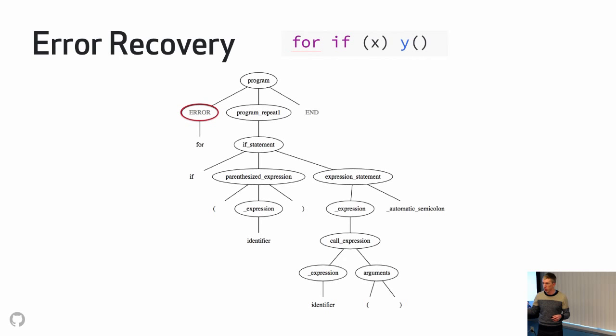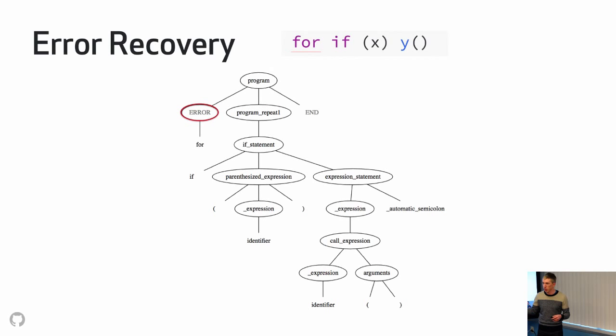Okay. All right. Well, so error recovery is something that you asked about. So most parsers, when they get to a syntax error, halt and give you an error message, and that's it. Their job is done. But Tree-sitter needs to keep on parsing the entire rest of the file and do the best it can to give you back a syntax tree where the tree itself encodes where the errors are.